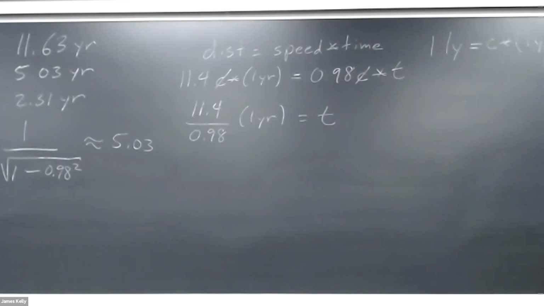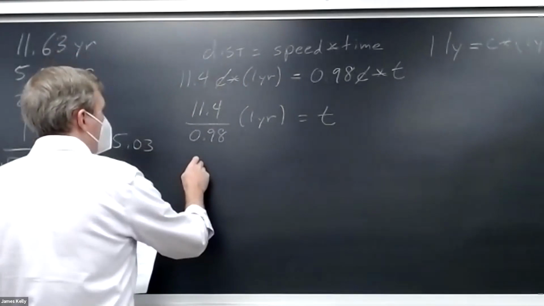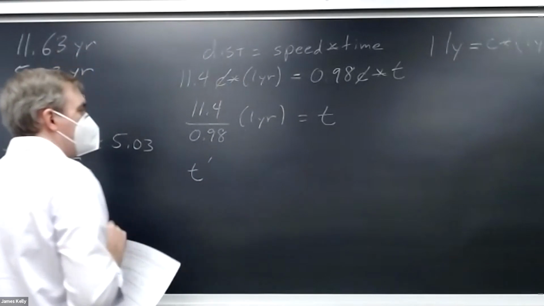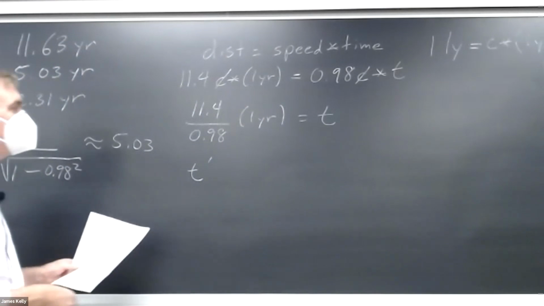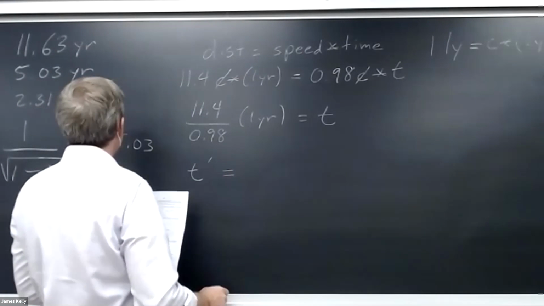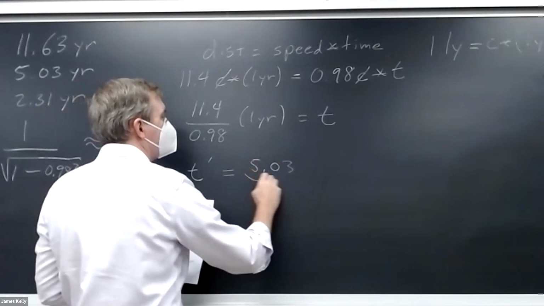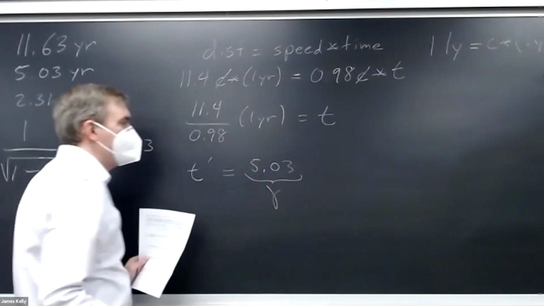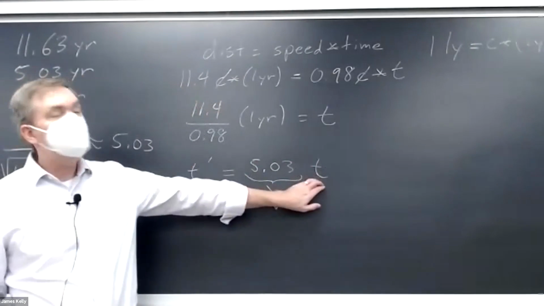So I'm going to write down the amount of time the people on Earth have to wait for a moving clock, the clock that is in this ship, to elapse by 1 year, is equal to gamma. Gamma is 5.03. That's our gamma. Times t.